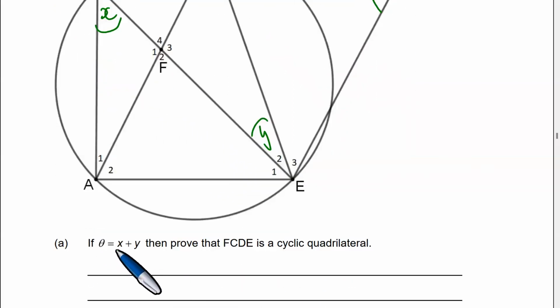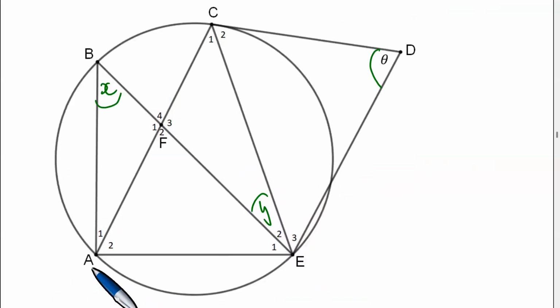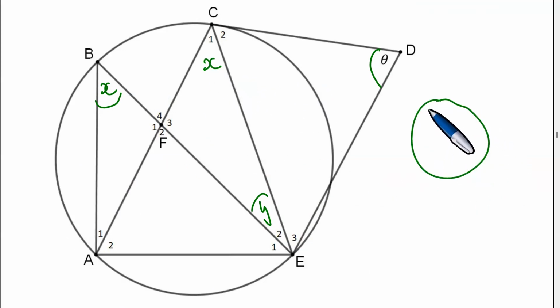Okay, so if theta is X plus Y, then prove that FCDE is a cyclic quad. Let's look at that one. First things first, this angle must be X as well because they're angles in the same segment according to this theorem.